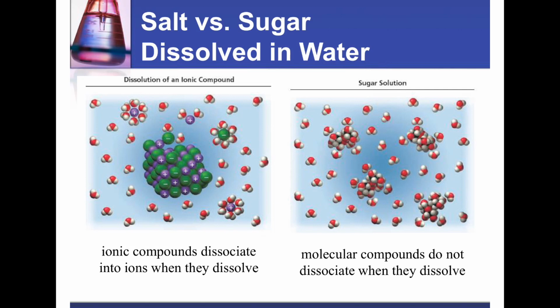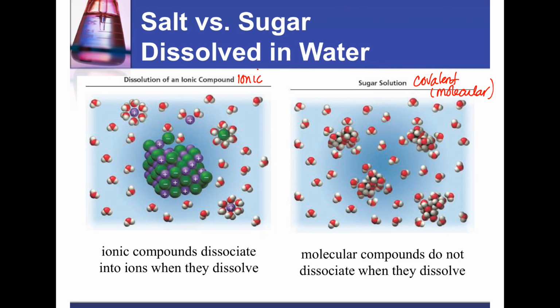That's different from what happens when you have a covalent or molecular compound. When you have a covalent compound, it can dissolve in water, but it dissolves in a different way. What we see here are sucrose molecules. They're globs of carbons, hydrogens, and oxygens.